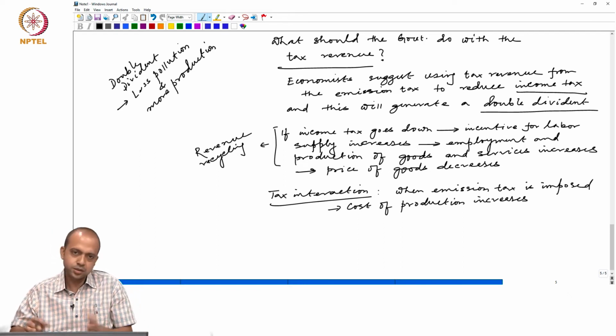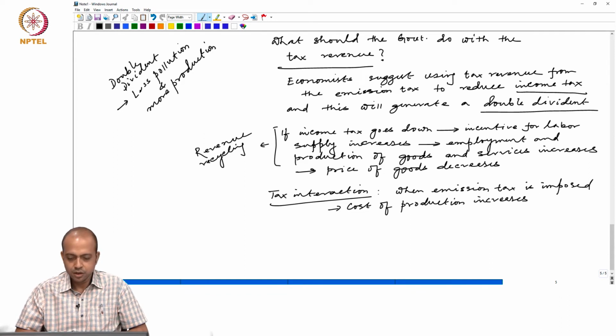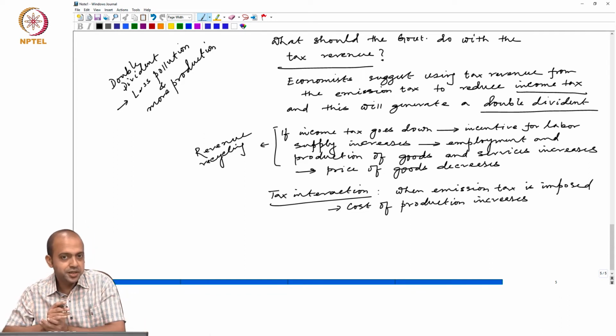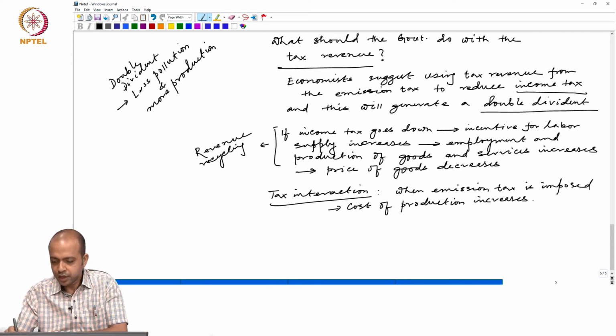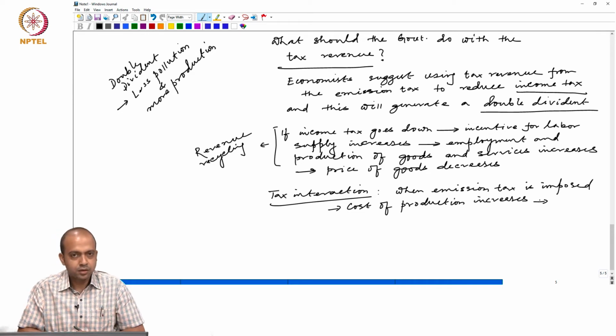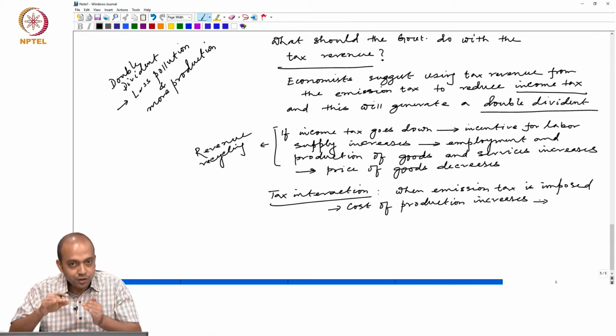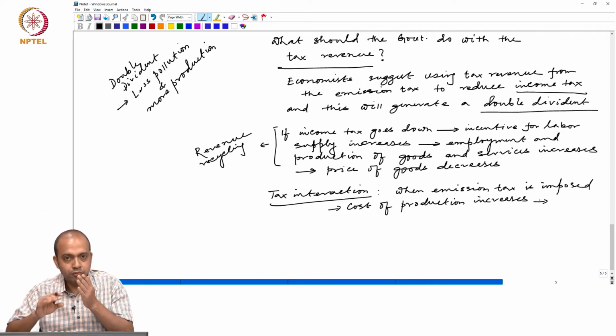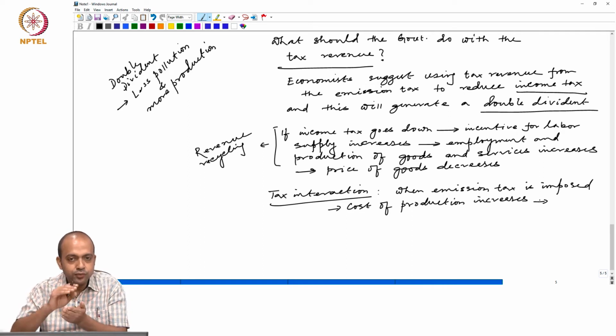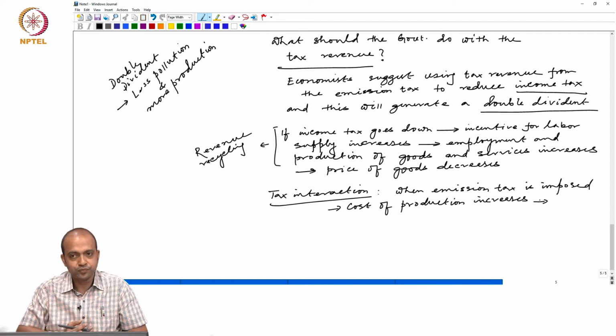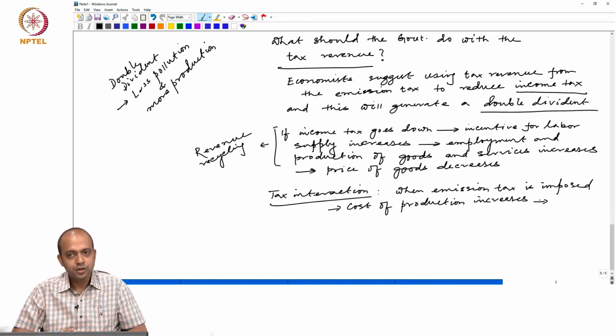If you impose tax, cost of production will increase, and when cost of production increases, as I discussed yesterday, the firms will try to bypass some amount of this extra cost on the consumer, which is called incidence of taxation, which we have already studied in our microeconomics or principles of economics.